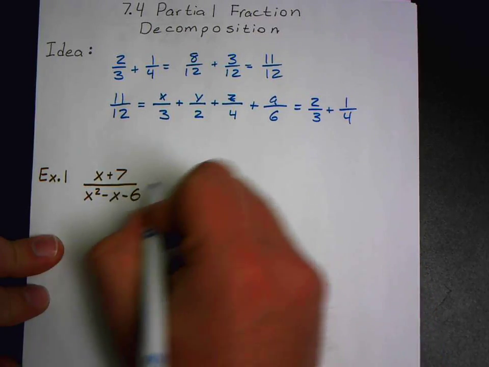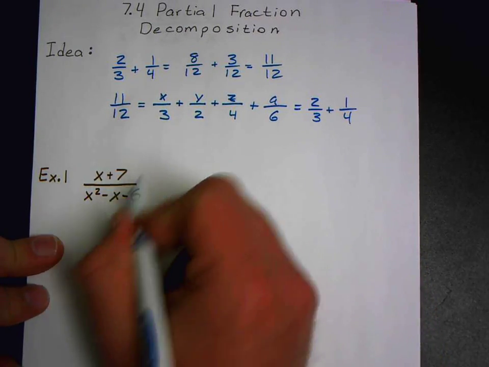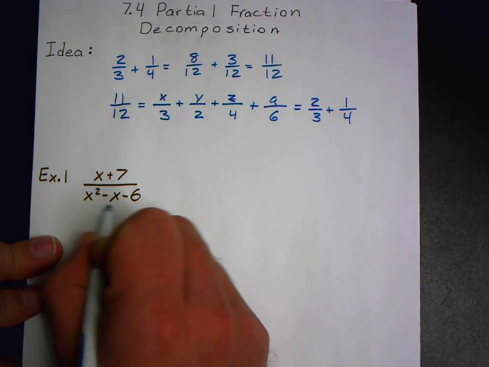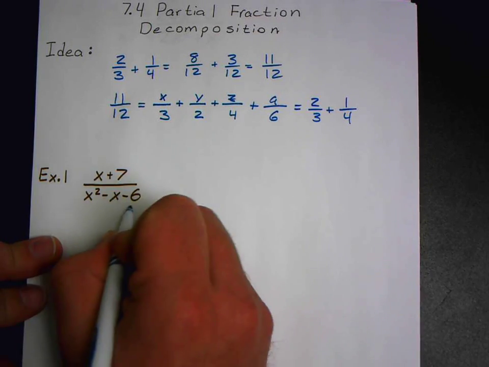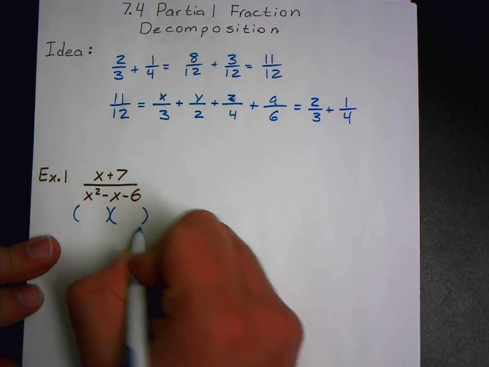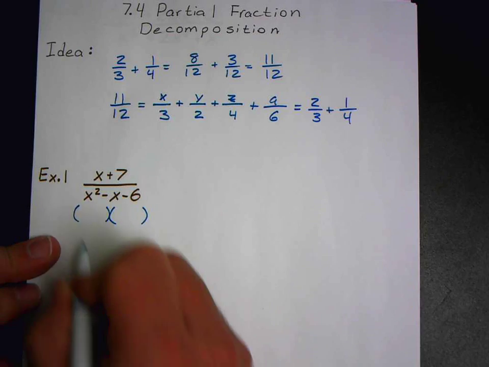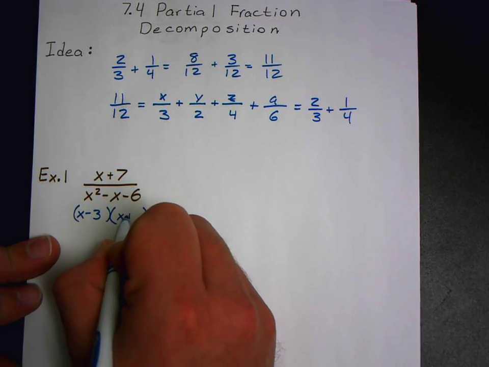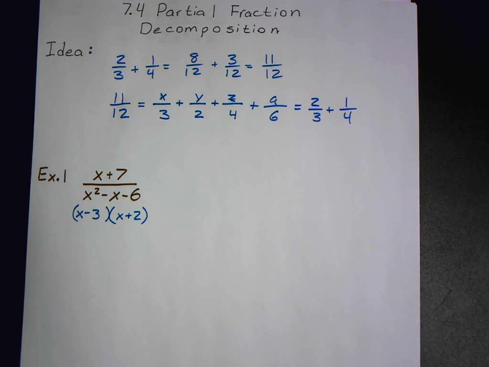All right, so the way we do this, first thing you're going to do is factor this. So if I factor this, that factors into x minus 3, x plus 2. You okay with that?